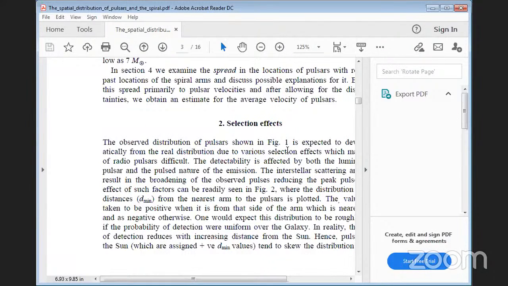And you can do the volume scaling if the pulsar distribution is uniform over the entire volume, or if it's not, you can estimate what fraction you should have seen, compare that with what has been observed, and then scale it to what would be the total population of that kind. And that is done for every pulsar.